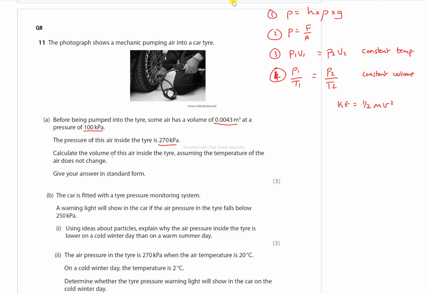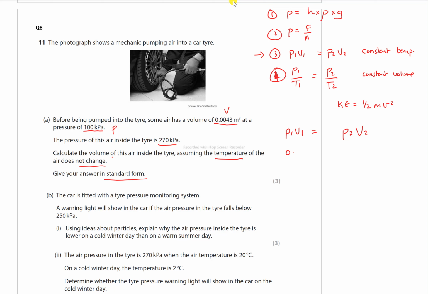Calculate the volume. So we've got volume and we've got pressure. So that's this formula here. We're saying the initial pressure and volume is equal to the final pressure and the final volume. There's no change in temperature, okay? And they want it in standard form, so there's a lot going on here, so we've got to be careful.